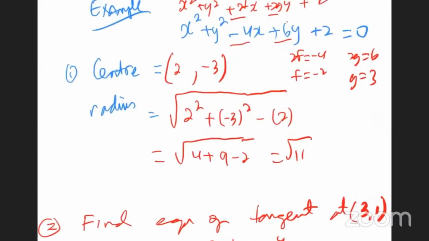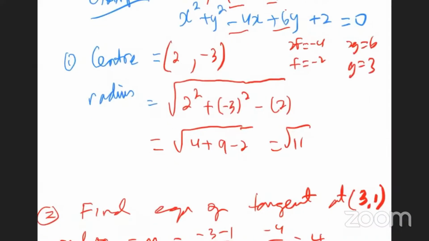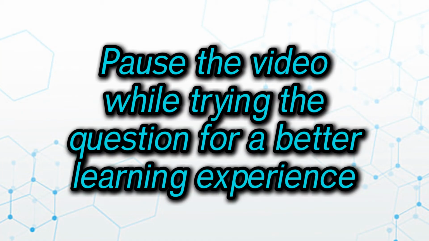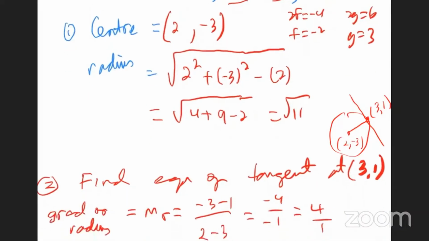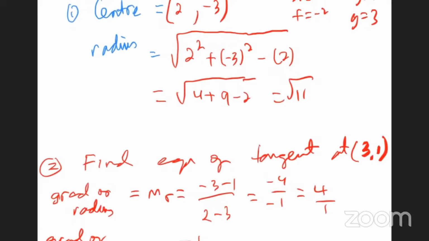The part I would like you to try for me: find the equation of the tangent at (3, 1). So at some point on the circle, you know the center, find the tangent at that point for me. What did you all get for the gradient? You remember the gradient of the radius is 4.